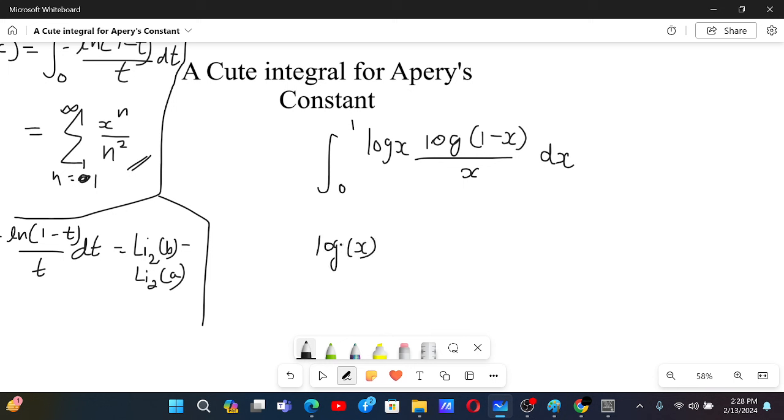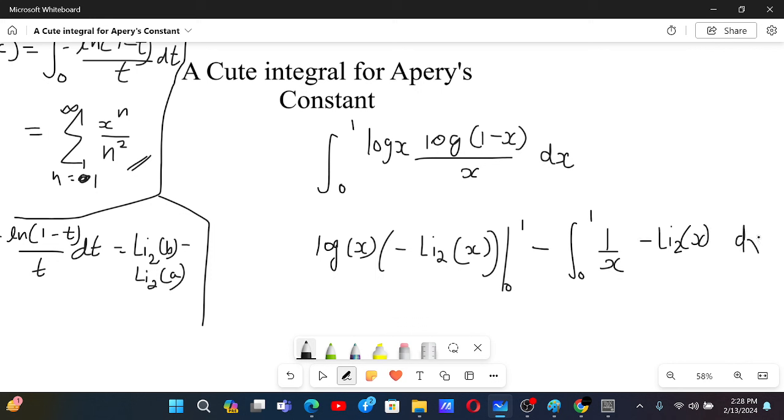And as I told already, we can take the antiderivative of this expression as li2 of x, but since there is no minus, we have to add a minus over here, minus li2 of x, going from 0 to 1, and then minus the integral from 0 to 1, the derivative of log x is 1 by x, and its integral is again minus li2 of x dx.